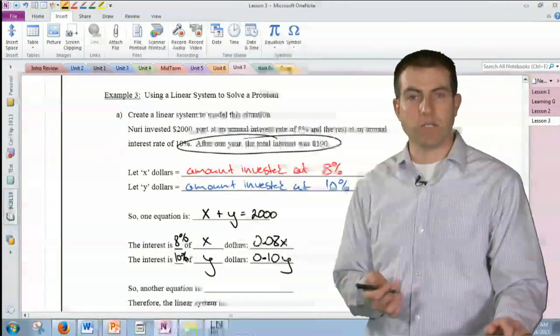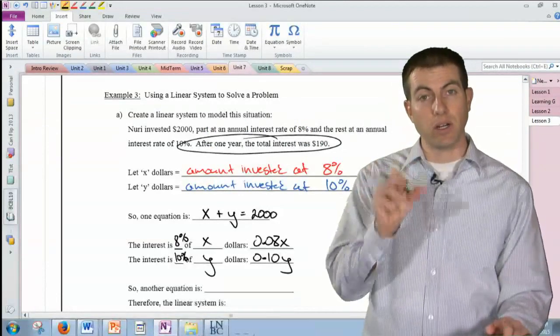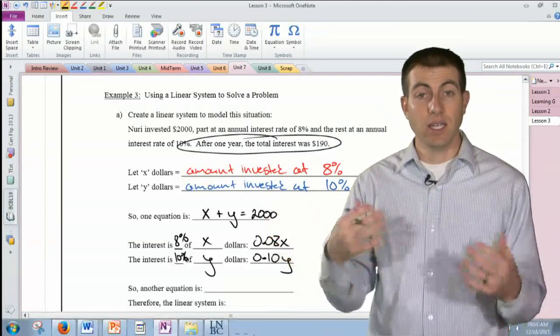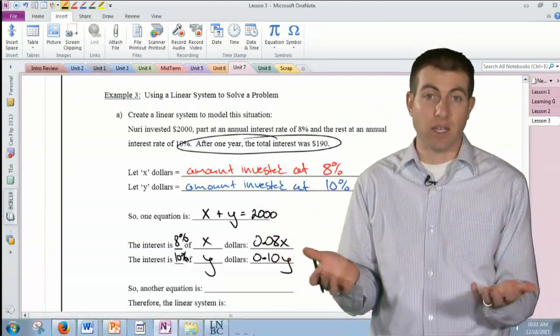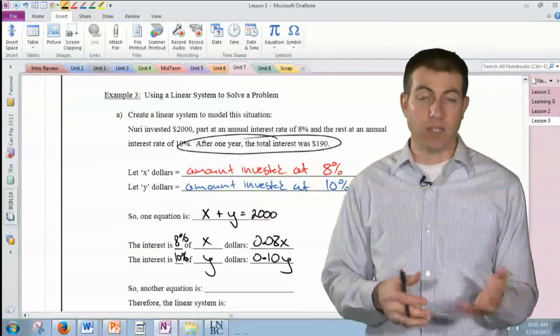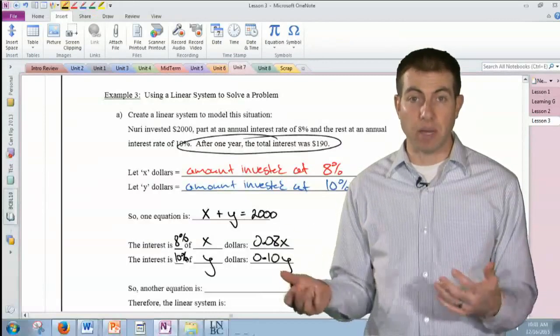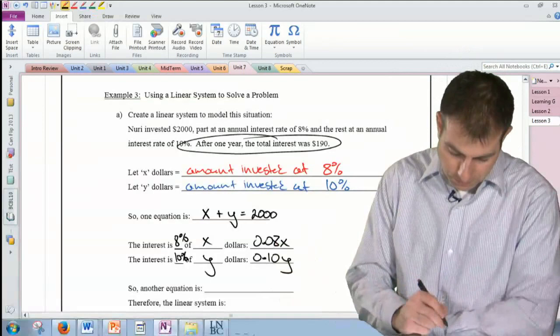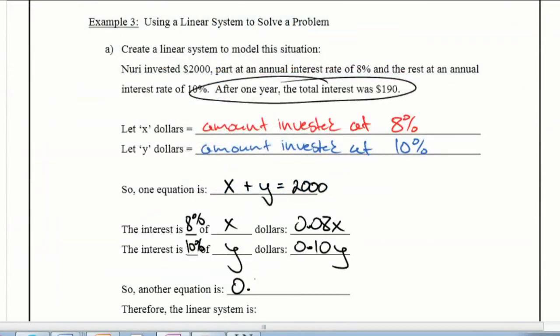We're trying to make an equation out of that. So we can figure out how much interest we earned on the first chunk of money, how much interest we earned on the second. If we were to add those together, we would have to end up with 190. 8% of some amount plus 10% of some amount equals 190. So that would be our second equation: 0.08 times x plus 0.10 times y is equal to 190.